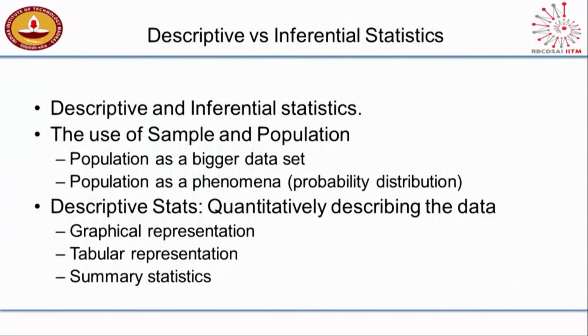That's descriptive statistics. With inferential statistics, you're doing something very different. First of all, you're going back to the probabilistic framework, where you had a random variable and variates. There are two ways of thinking about it. One is to think of there being a large data set, which is a population, and what you have is a subset.